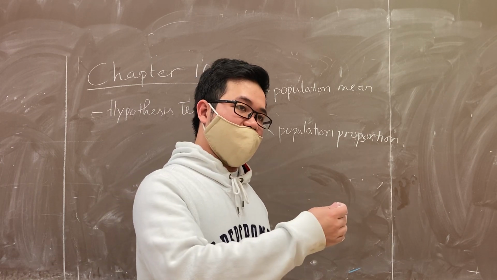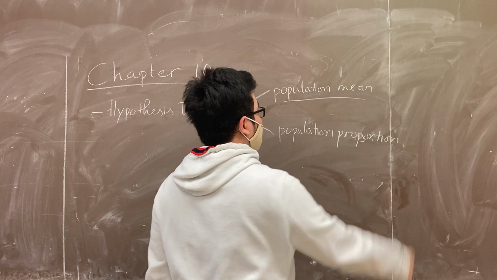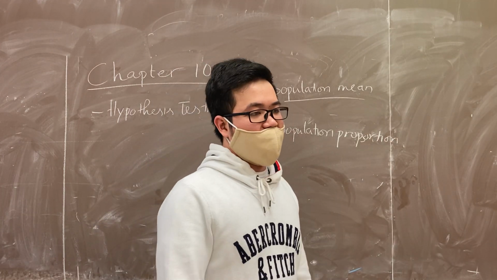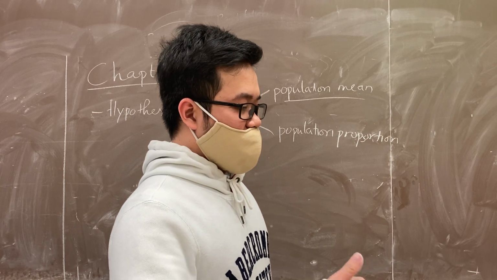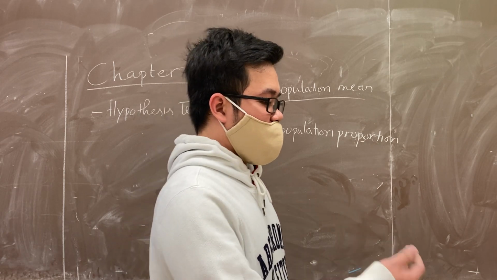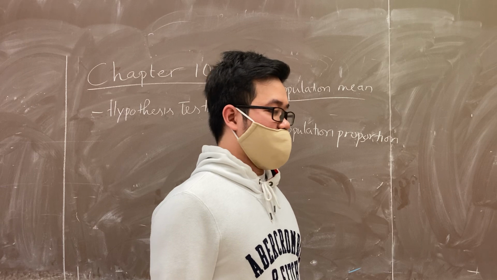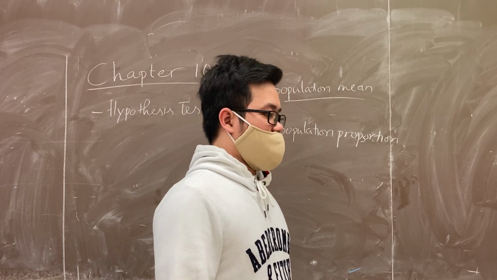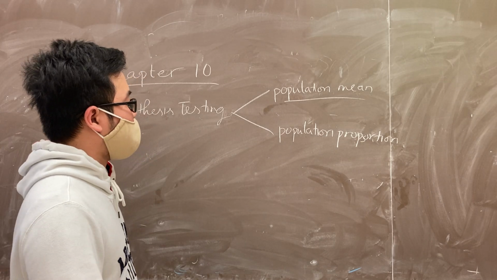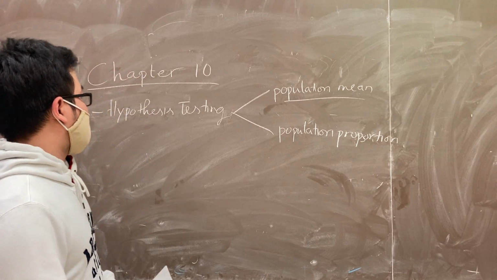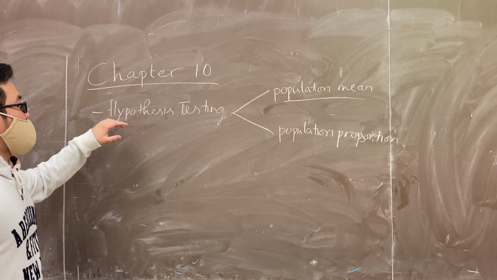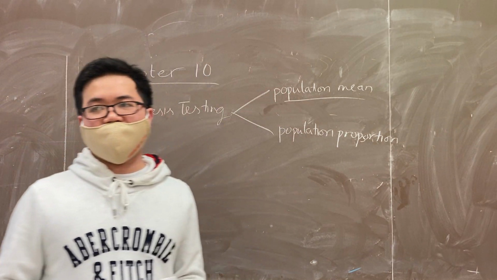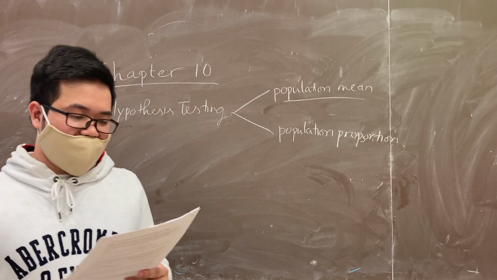That is the population mean. And the population proportion is used for qualitative data, like using Facebook or Instagram. 50% of students using Instagram, like this, is a population proportion. Today we will focus on testing claims about these parameters. Is it clear? That is the purpose.